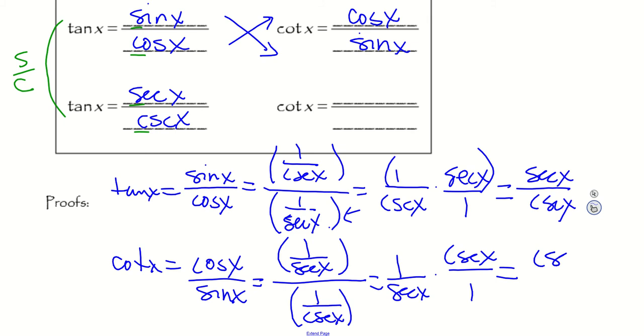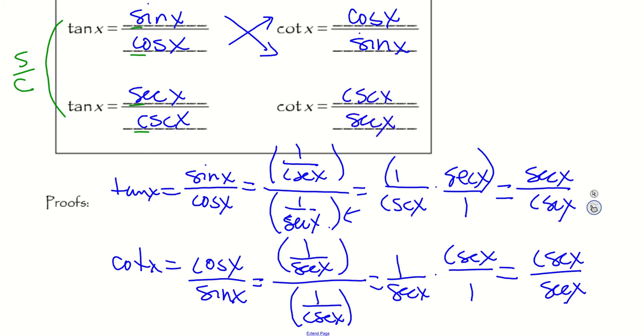Multiply the tops and the bottoms, and we get cosecant of x over secant of x. So our quotient identity for cotangent is cosine over sine, and as well cosecant of x over secant of x.